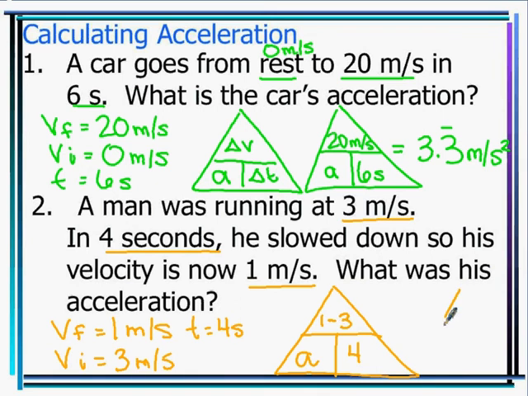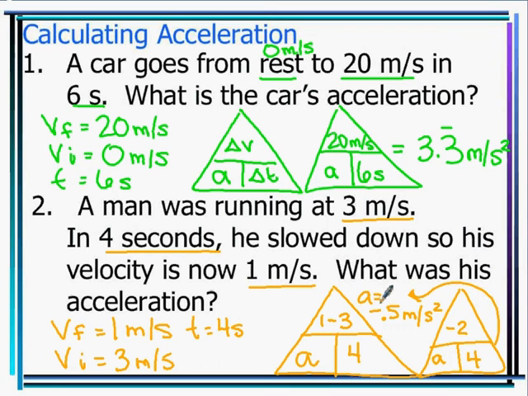Uh-oh. So let me redraw the triangle and let me do the math on that. 1 minus 3 gives me negative 2. And I still have 4. So negative 2 over 4 gives me negative 0.5 meters per second squared for my acceleration.